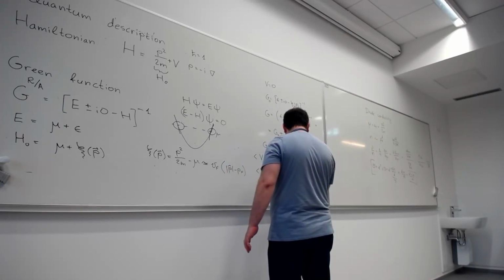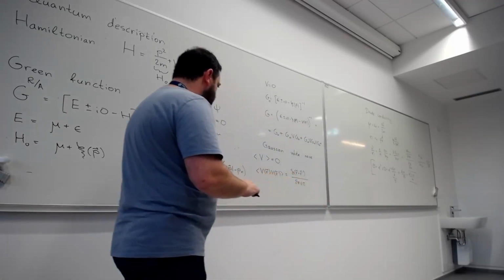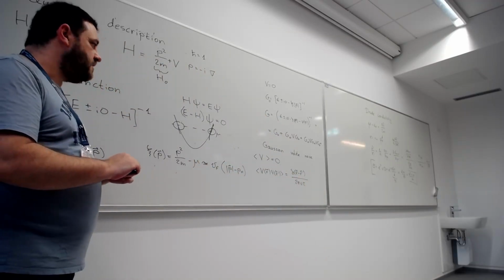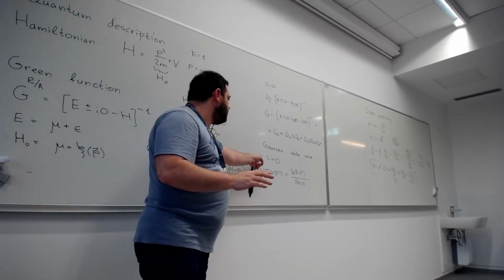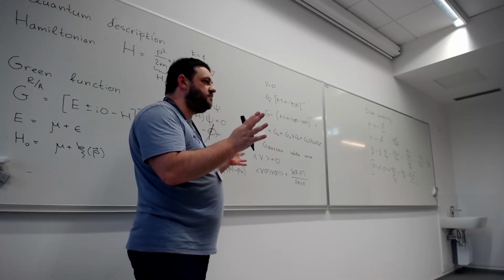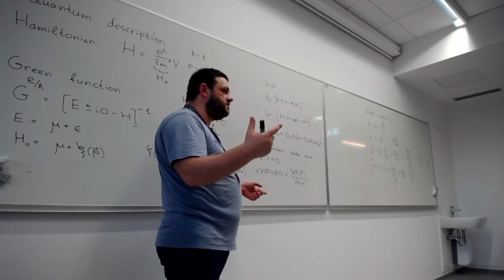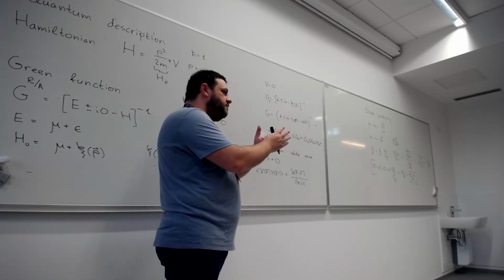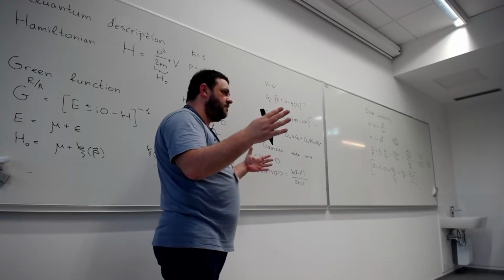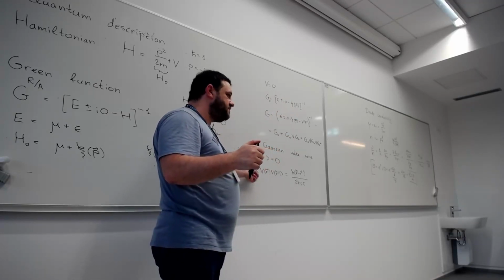It's a delta function like this. So we assume that V is a random variable, a random function, which has a Gaussian distribution. A Gaussian distribution can be fully characterized by the mean value and by the mean square. The mean value is 0 and the mean square is like this.